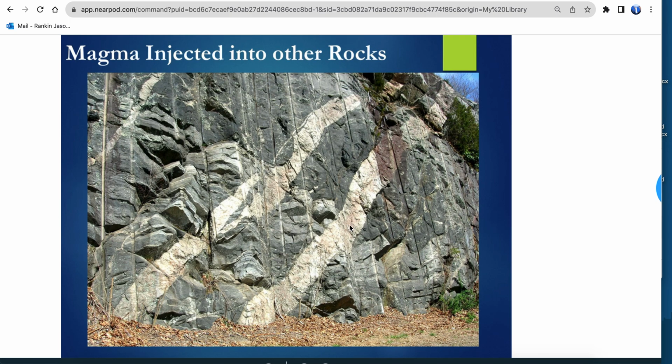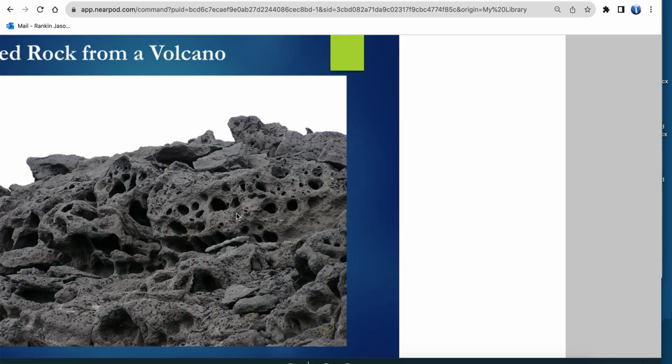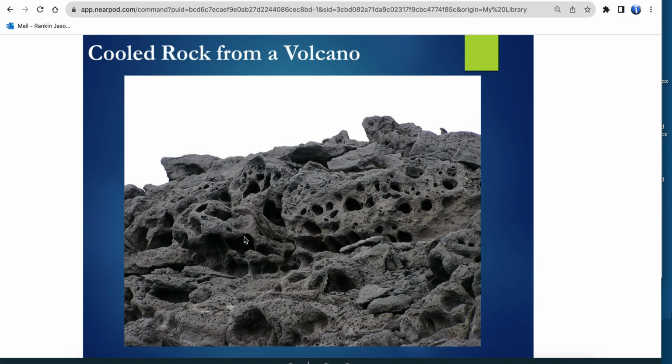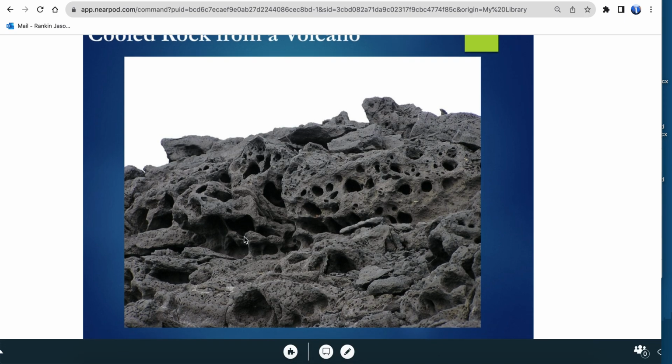So more than likely, this is definitely going to be some sort of intrusive origin here. And on this sample, this is definitely above the Earth's surface. This has to be lava, and this has to be extrusive igneous rocks.